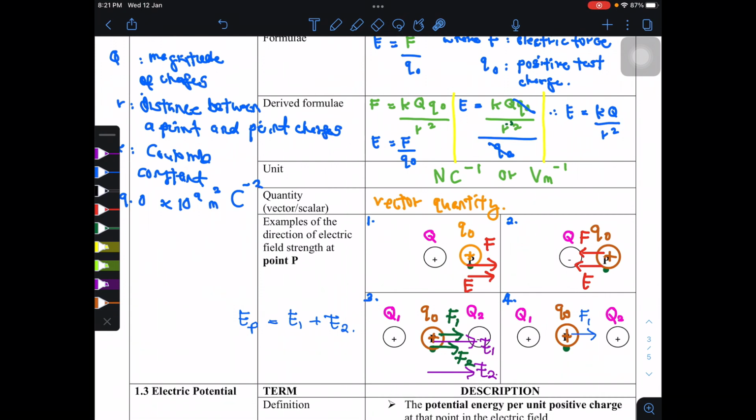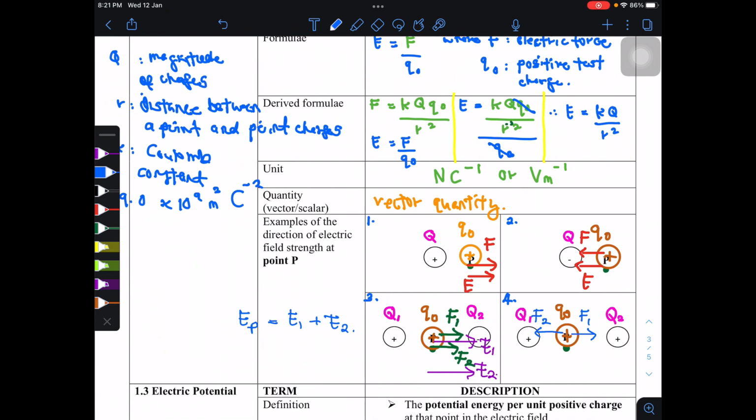Now you need to show the direction of the electric force acting on the test charge by Q2. Again, the point charge is positive and our test charge is also positive, so there is a repulsive force acting on the positive test charge. So the direction of the force is to the left. I label this F2. Okay, that settles the direction of the electric force.